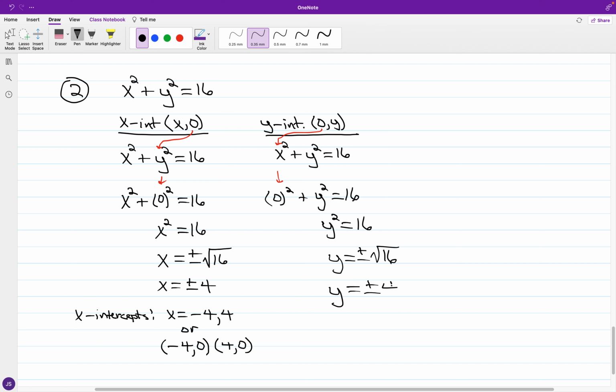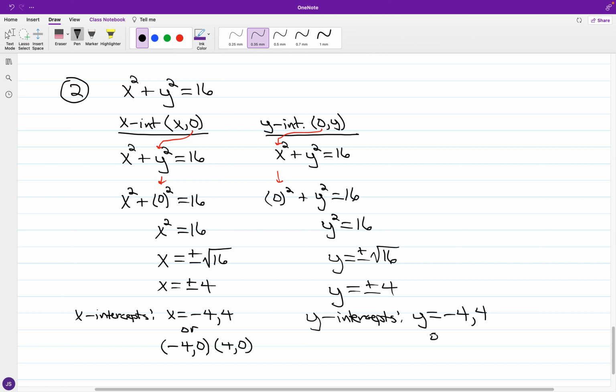So for the y-intercepts, you say y is equal to negative 4 as well as positive 4.